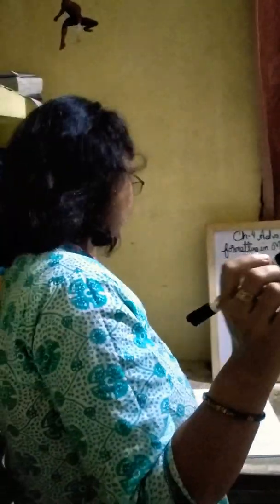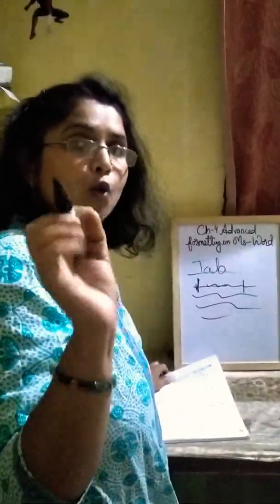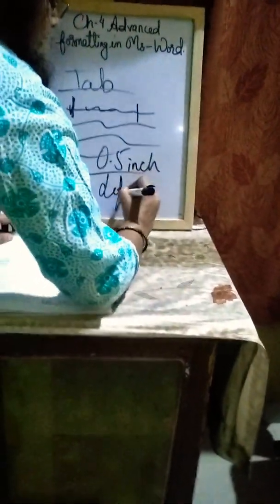First of all, your tab key is set by default to go forward 0.5 inch. This 0.5 inch is the default setting of the tab.